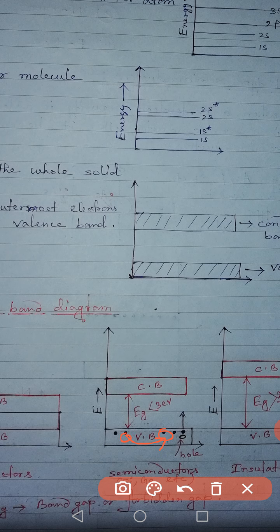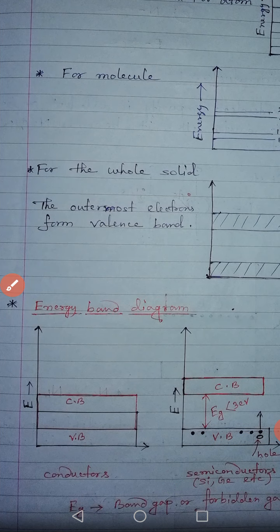In this way, actually the holes are not moving, but it seems like the holes are moving. Initially we had one hole here, now it is here, then it is here, so it seems the hole is moving, but actually electrons are moving. That is why holes are also considered charge carriers, because it seems like the holes are moving. Okay, then we will proceed to the types of semiconductor.